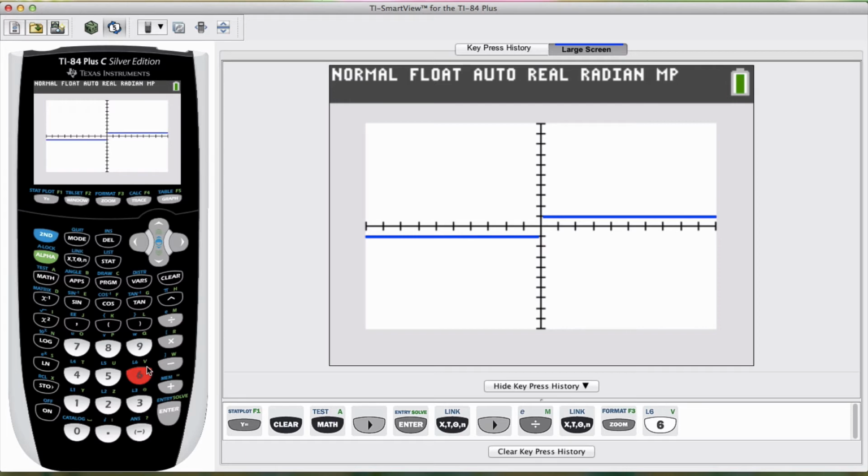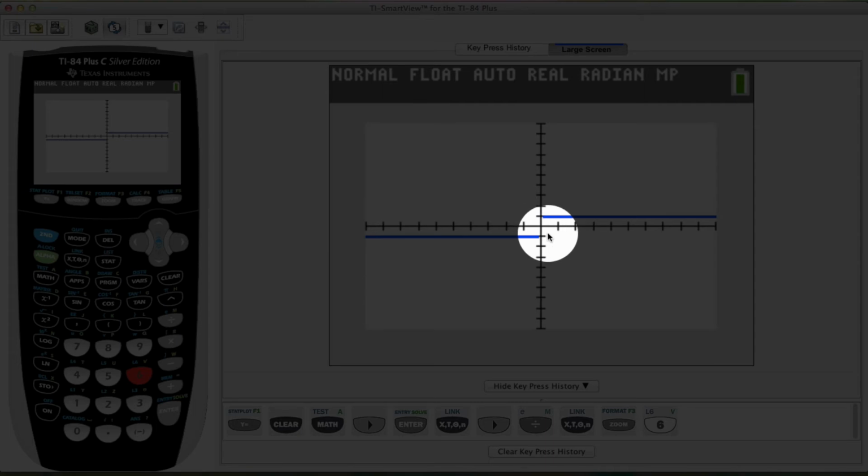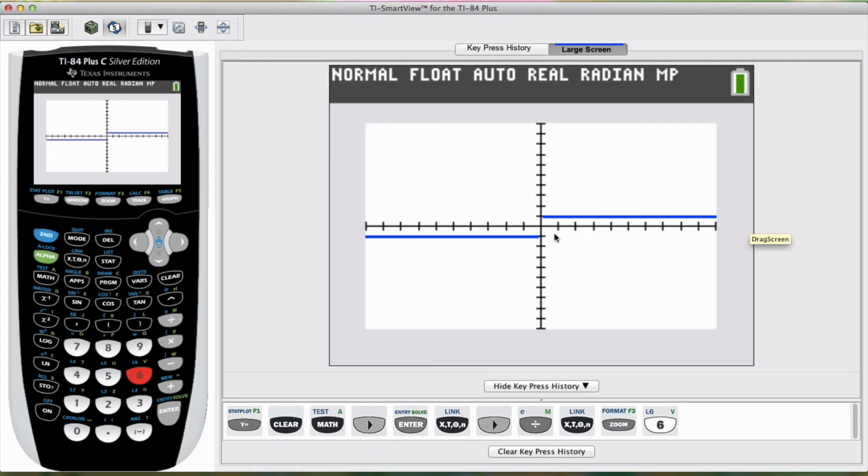And some things I notice here as we are approaching from the left side, it appears that we are approaching a height of -1. As we approach from the right side, it appears we are approaching a height of +1. So this is a case where my one-sided limits do not match.